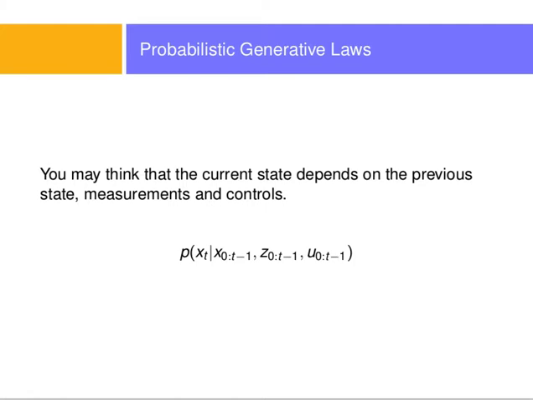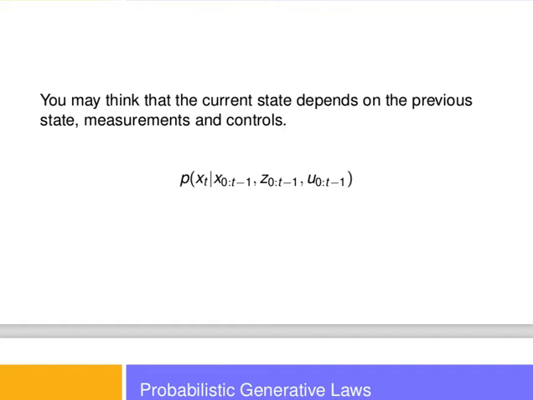Again, a Markov assumption, which is to think that the current state of the world, the way the world is at this point in time, depends on the way it was previously, and everything that you've sensed till now tells you a little bit about it, and also every action you've done from the beginning till now tells you a little bit about the current state as well. So basically, the current state depends on all previous states, all previous sensor controls, and all previous actions that you took.